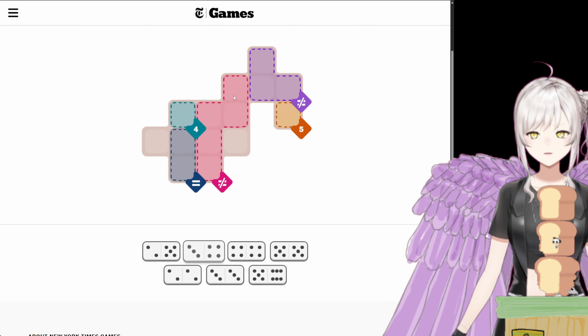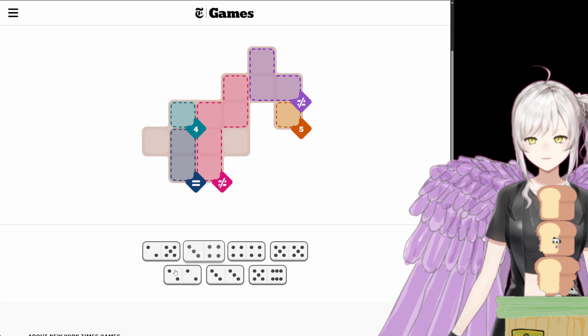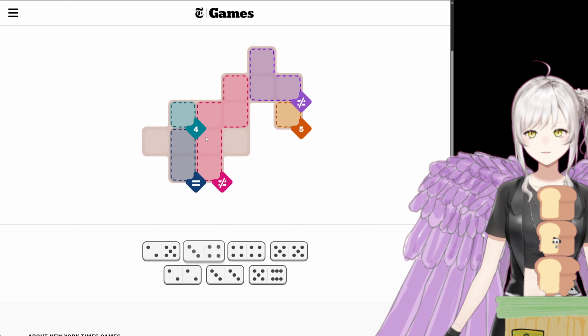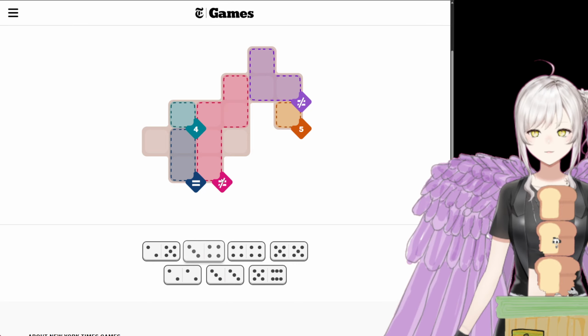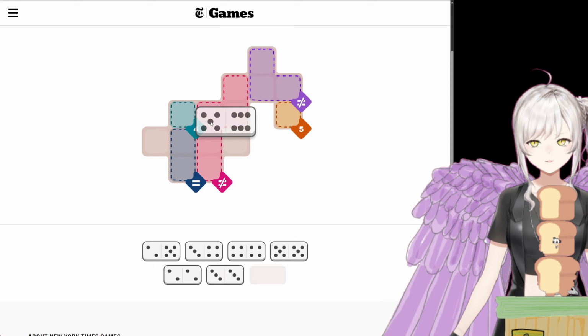5 of a kind, or 5 not of a kind, could be 1, 2, 3, 4, 5, except that there are no 0s and no 1s, so it's going to be 2, 3, 4, 5, 6 in some order. That tells us that we need to reserve the 6 for use in there somewhere.